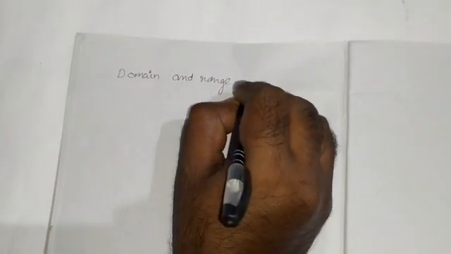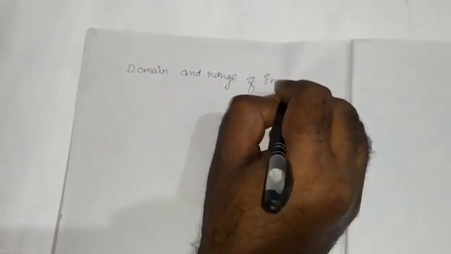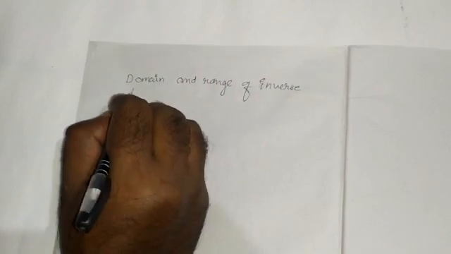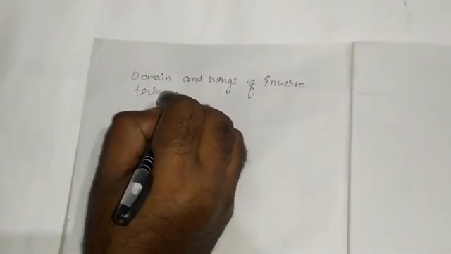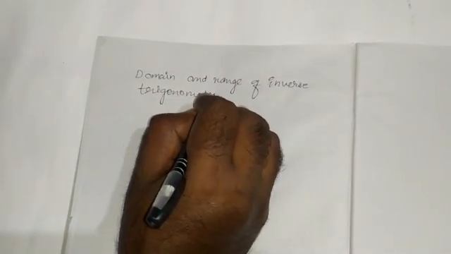Students, you have to remember the domain and range of the inverse trigonometric functions. To remember this, we have to make one table for the domain and range of inverse trigonometric functions.